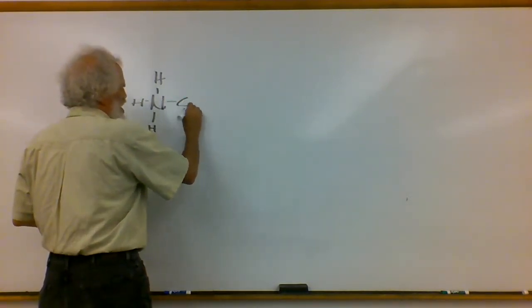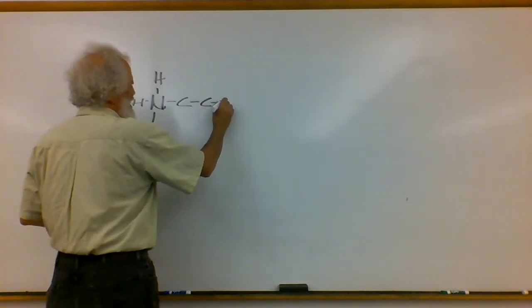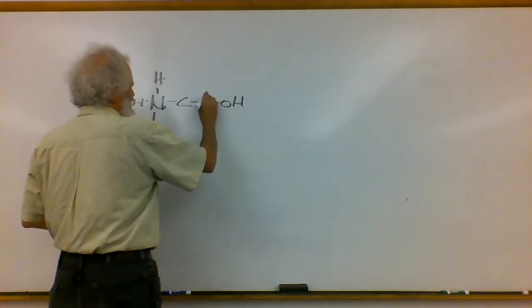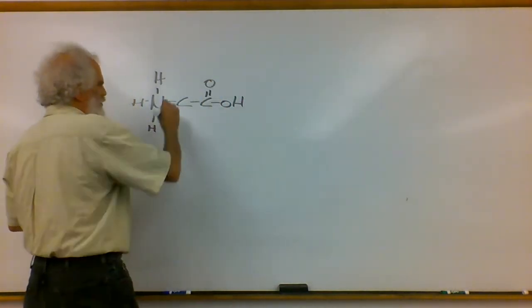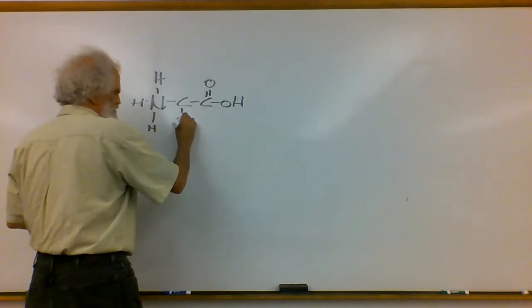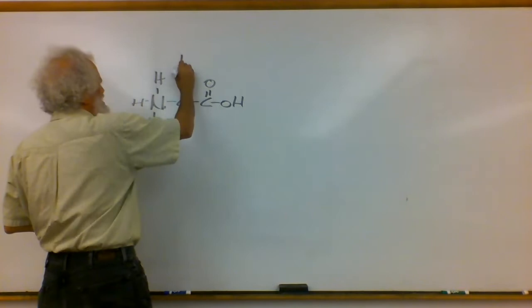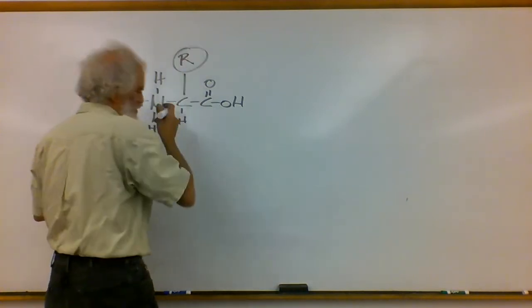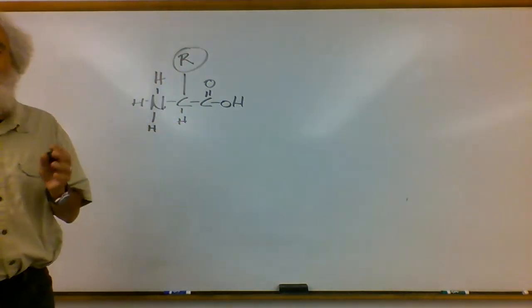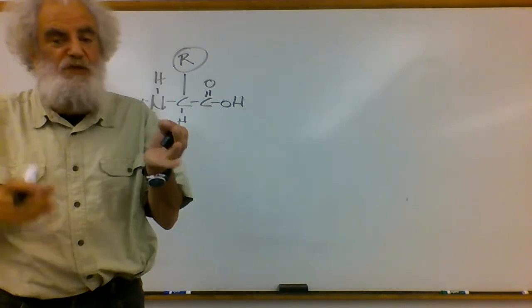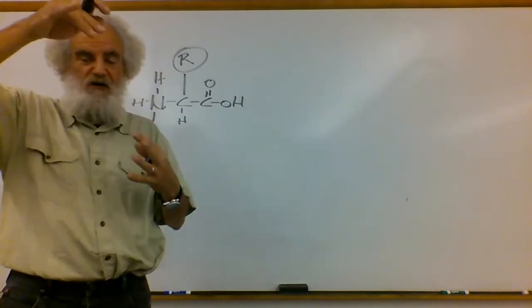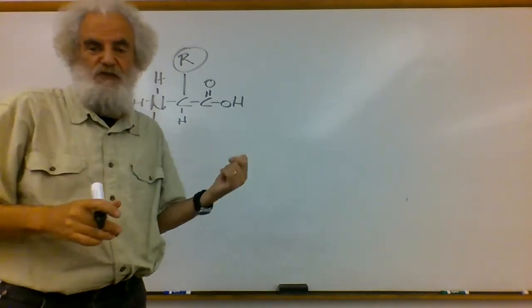A central carbon, and then the carboxylic acid. That is the OH, the double bond O. Now, there's going to be a hydrogen on this central carbon. This guy has to have one more bond. It's going to be something called an R group. That is because it is possible for it to be different kinds of things sticking off that central carbon.